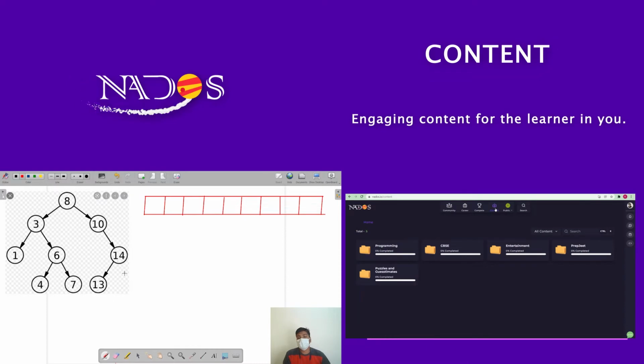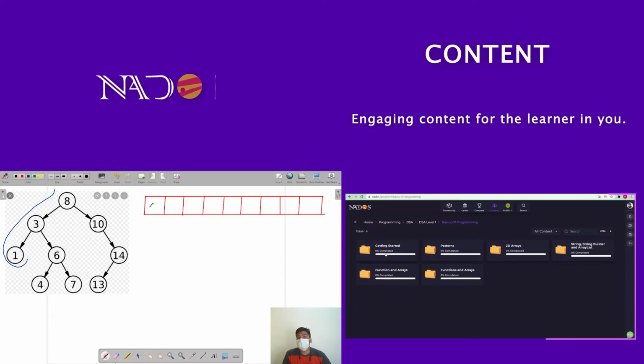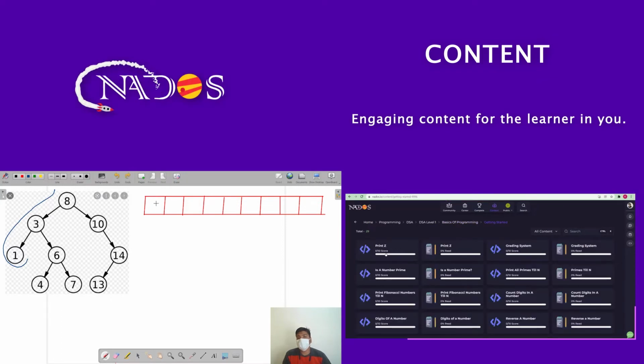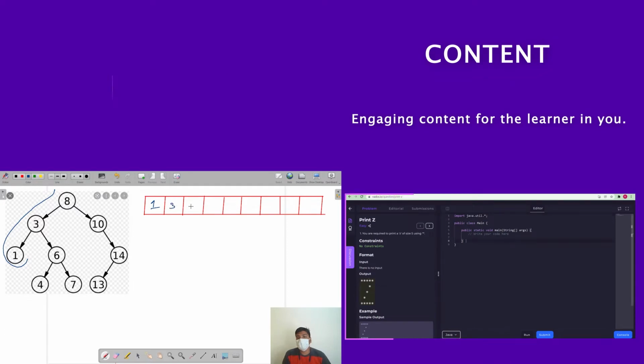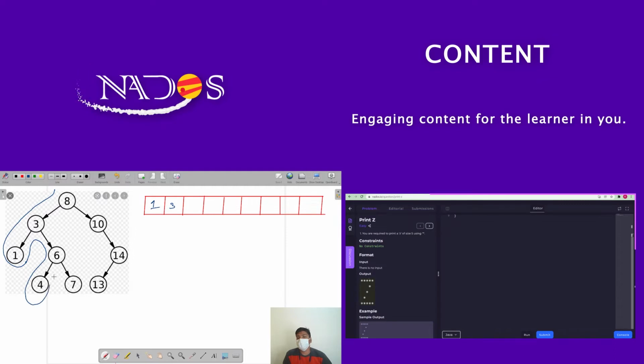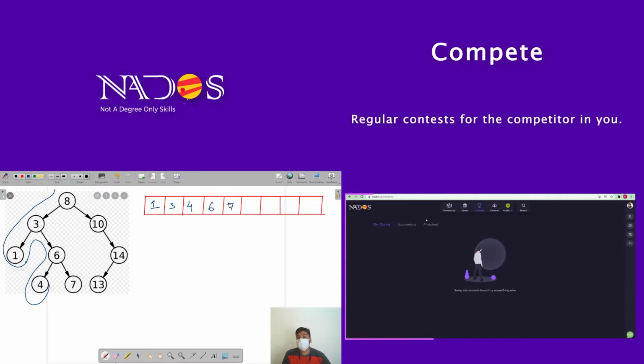Okay, so how will we do the in order? Traverse it. This one is the first one in the in order, right? So 1, then 3, then 4, then 6, and then 7. After this 8.